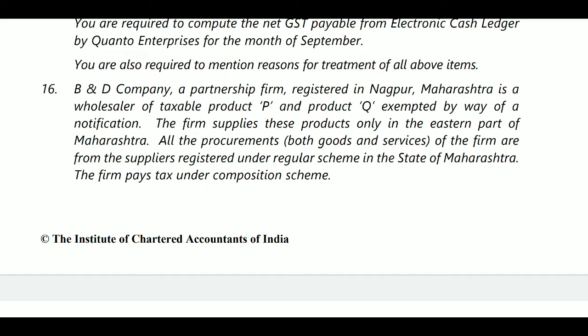This composition scheme is available for a person having turnover less than 1.5 crores, that is 150 lakhs. But if this were a person in a special category state, it would be available for 75 lakhs.